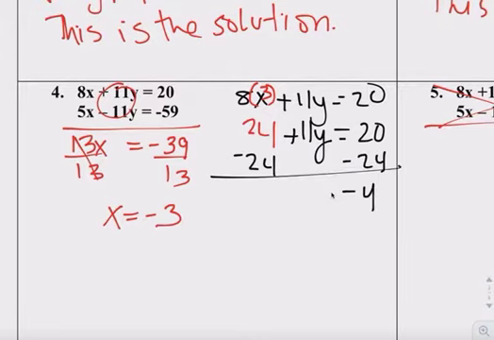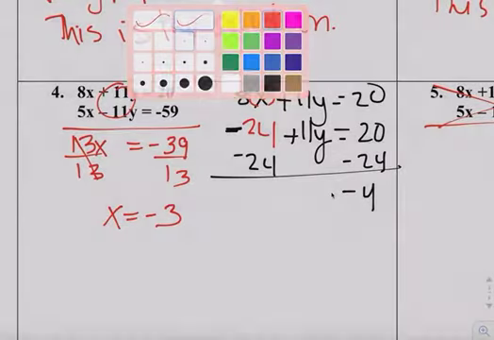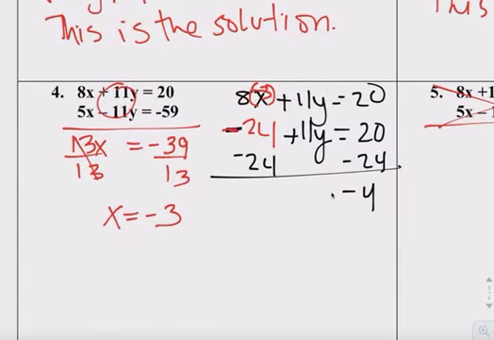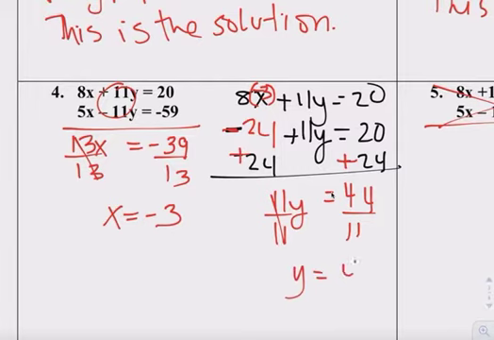There's something wrong here. It says negative 3. Oh, that's because it's a negative 3. X is a negative 3, which makes that negative 24. Add, so we get 44. Makes more sense. Y is 4.